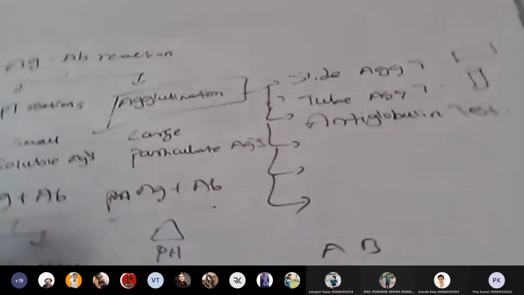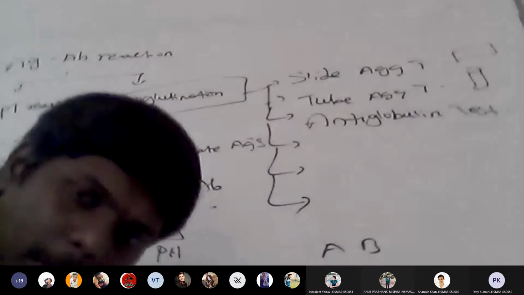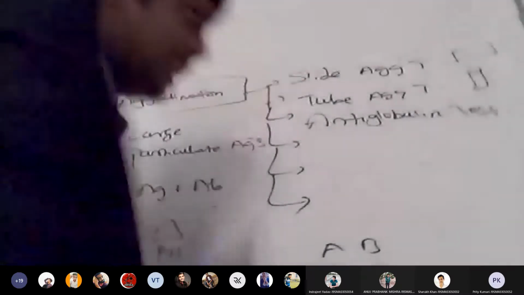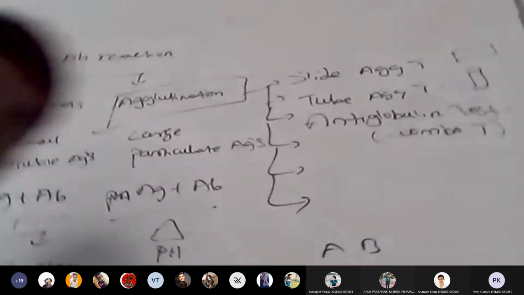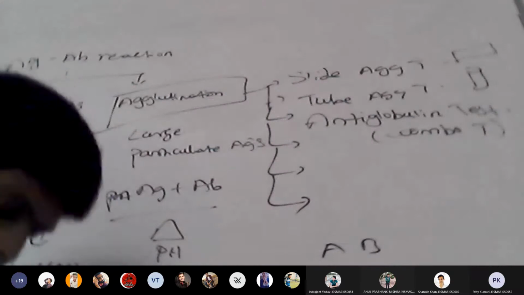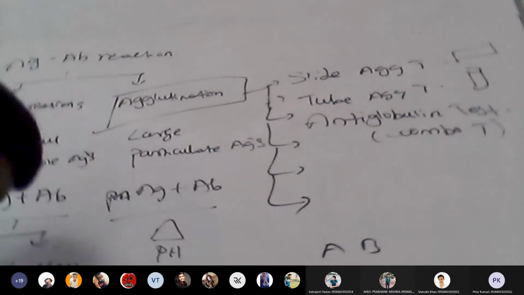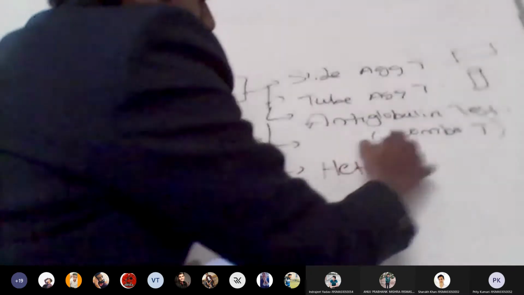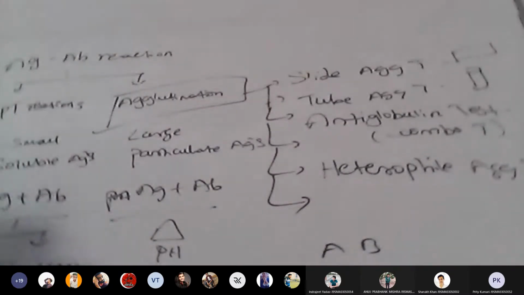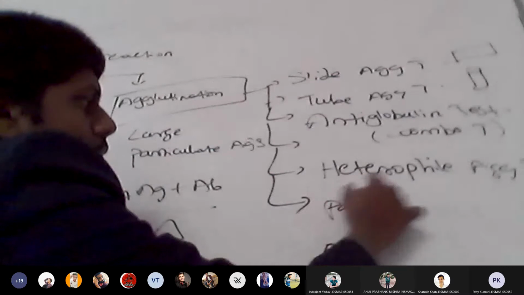Anti-globulin test is also called as Coombs test. Then we have 2 more tests, which are called heterophile agglutination test and passive agglutination test.